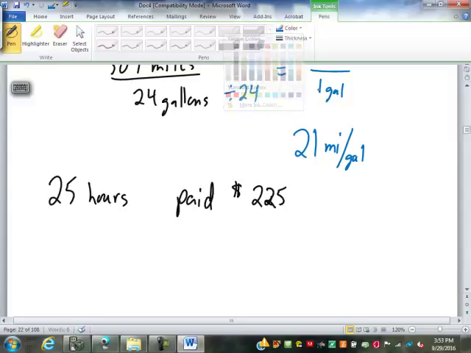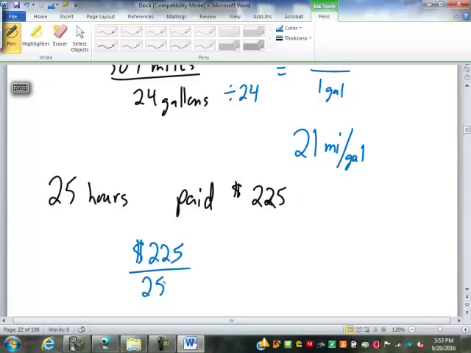This is a rate. It's $225 out of, or per, 25 hours. I'm going to divide each of those by 25. 225 divided by 25 is $9. 25 hours divided by 25 is 1 hour. So that is $9 per hour.